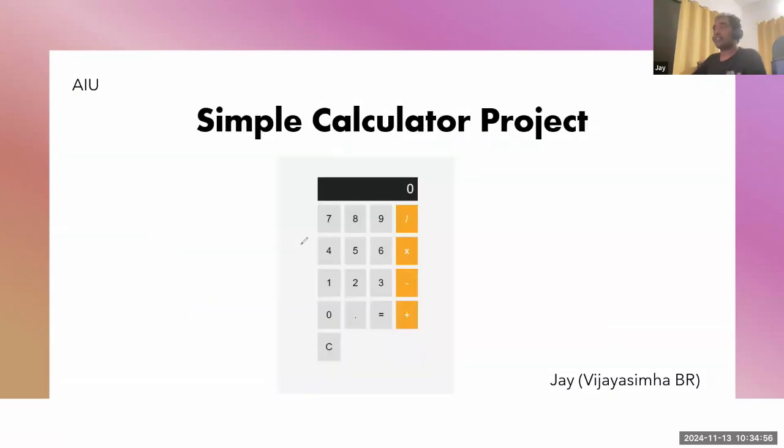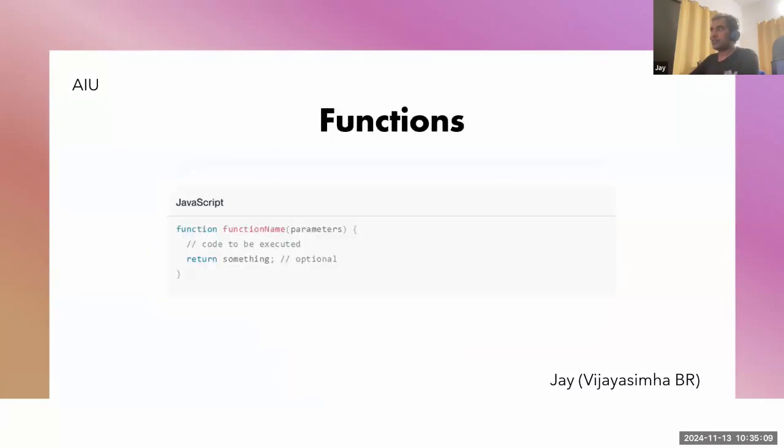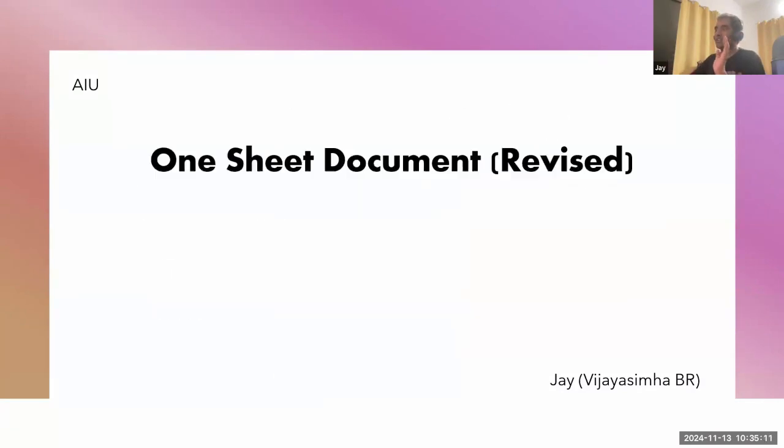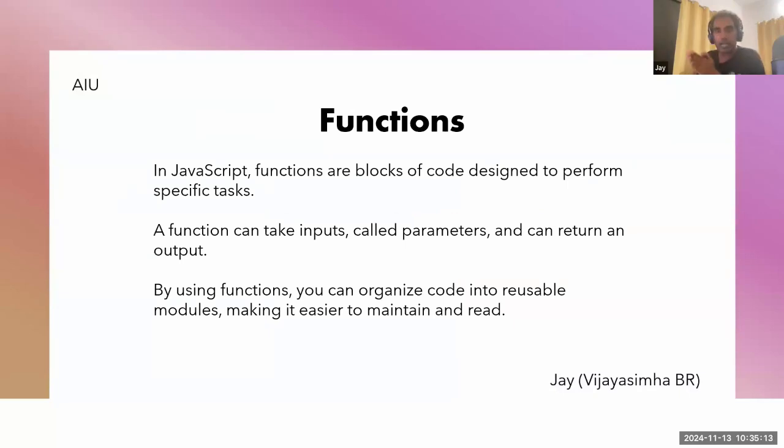Now, next thing is the calculator project. Before I go into the project, let's quickly do a summary here, and then I still have another 10-15 minutes, so that's good. I'm going at a good speed. So let me come back here. As I mentioned, folks, functions help you break up your code into reusable components.